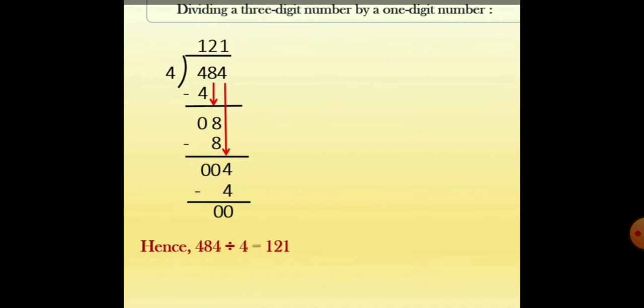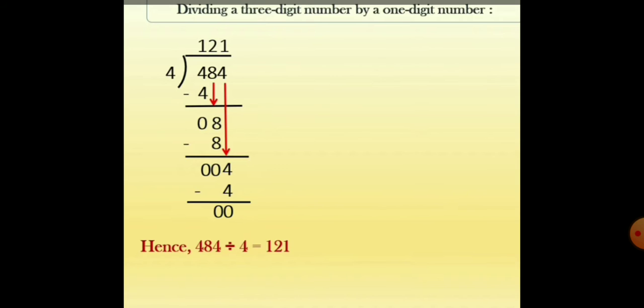Now my numbers are over. We have finished with our division. So 4 was my divisor, 484 was my dividend, quotient is 121, and the last number 0 is the remainder.